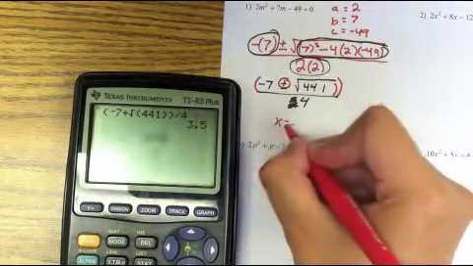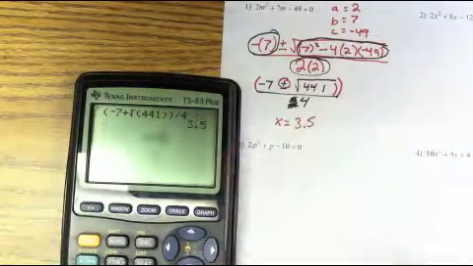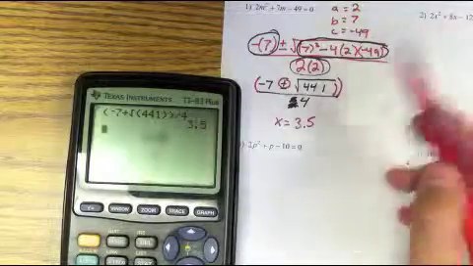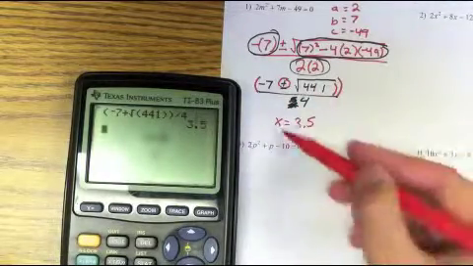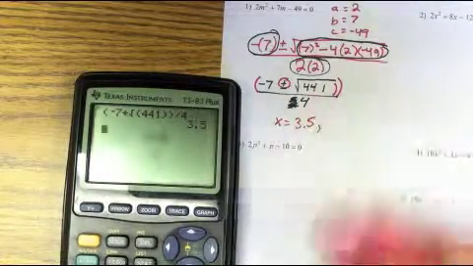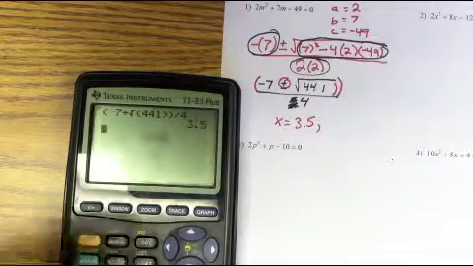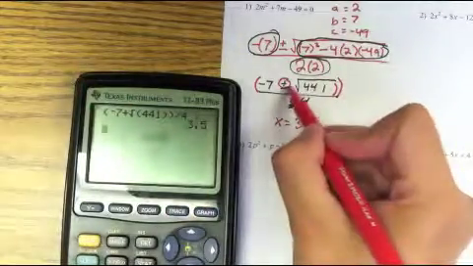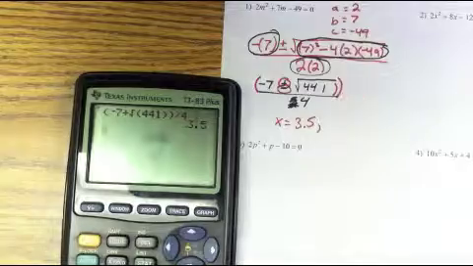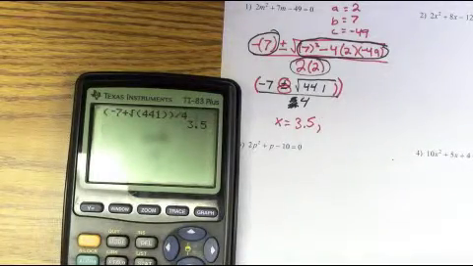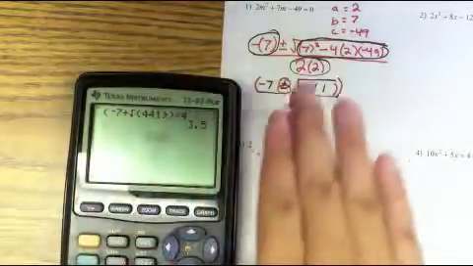So x equals 3.5. Remember, we're setting this equal to 0, so we're finding the x-intercepts. That's one of your x-intercepts. How many are we probably going to have? You got it. 2, because of this minus. Now we're going to do the minus. Same thing. Type it in exactly the same.